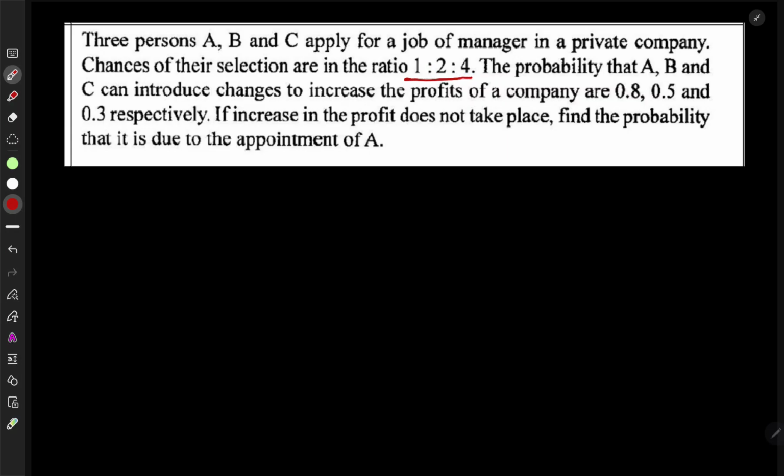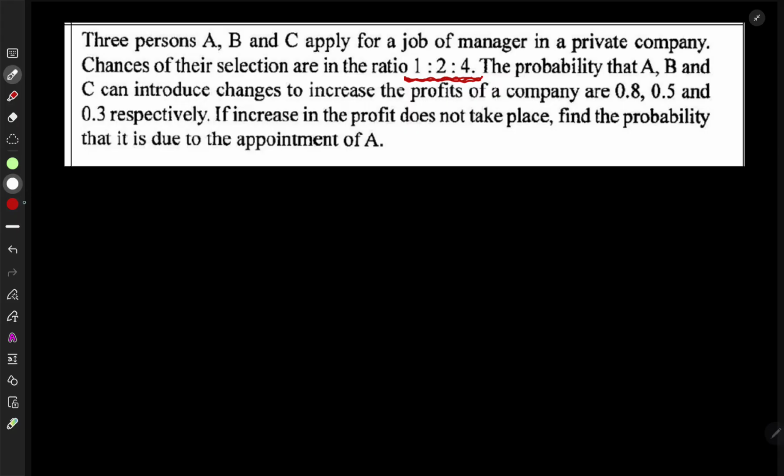What does it mean? When it is talking about ratios, you add all these: 1 plus 2 plus 4 is 7. So the probability that A will be selected is 1 by 7, B is 2 by 7, and C is 4 by 7. So you need to write here.